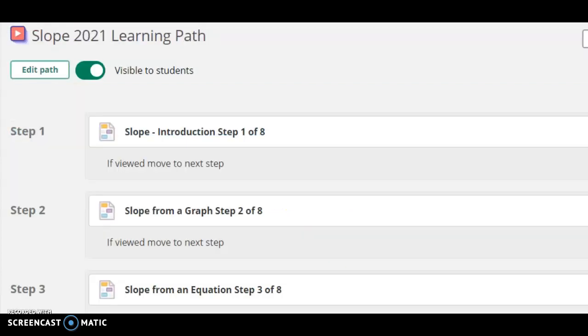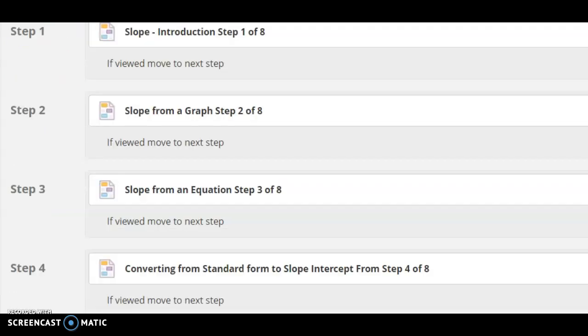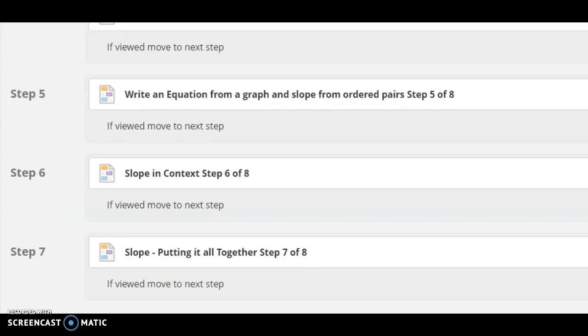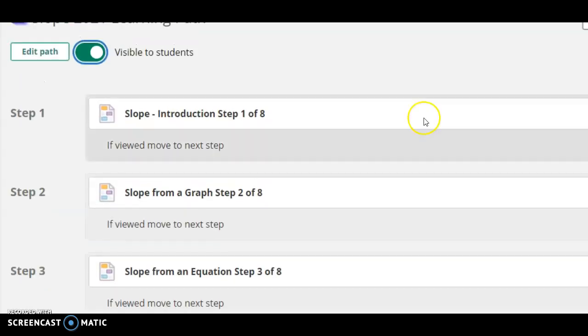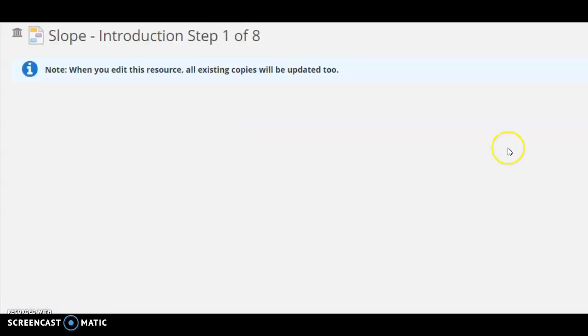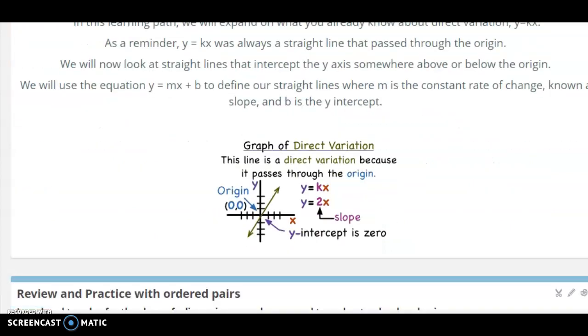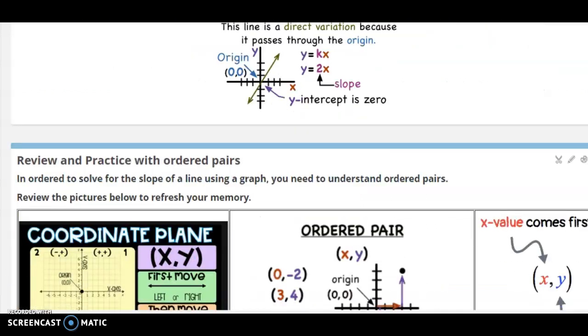Okay, your second 8th grade standard is now available to you, and it is on slope. So you will see that there are 8 steps in the slope learning path. And I'm just going to go through one of those to give you the format. You will see that with each one, you'll have some notes, maybe some graphics that you need to pay attention to, because slope is all about graphing, and you want to pay attention to any pictures of graphs and information that is given to you on these pages.